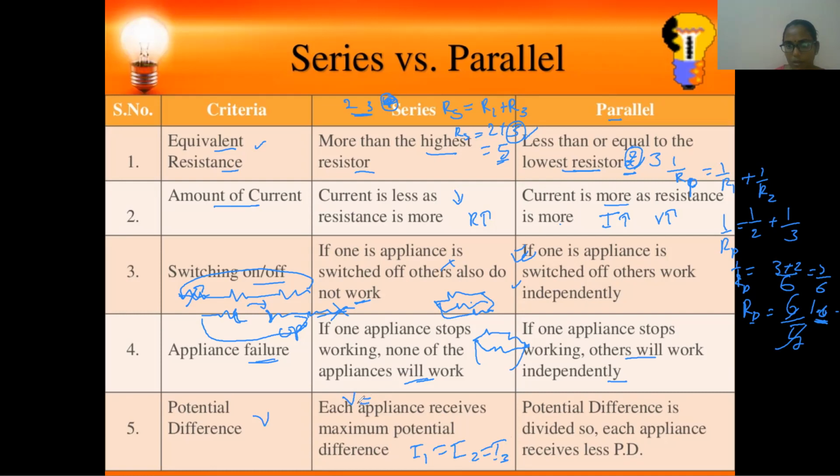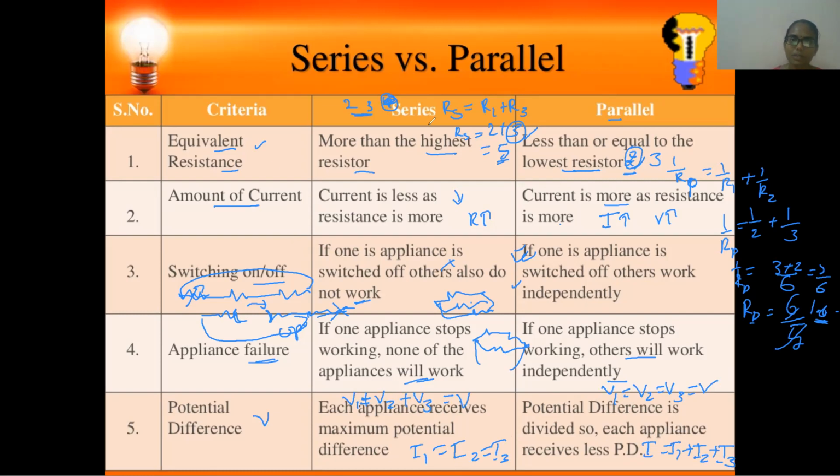But potential is going to divide: V1 plus V2 plus V3 equals the total potential. In parallel, V1 equals V2 equals V3, the potential across all the resistors is the same and equal to the applied potential. But the current is going to divide here. Current equals I1 plus I2 plus I3. I hope this is clear, children.